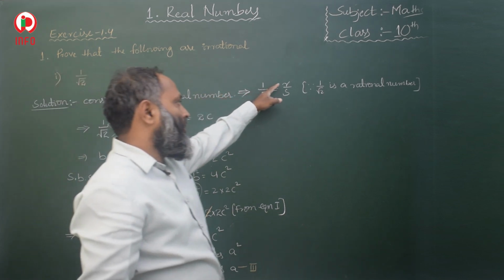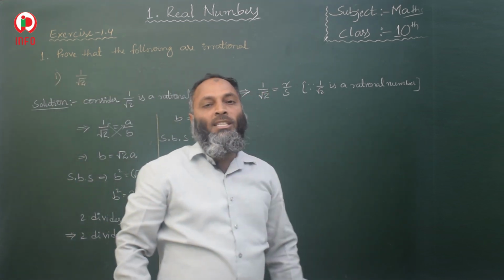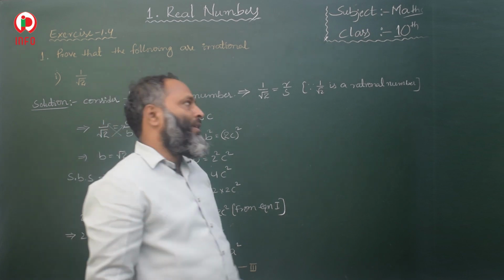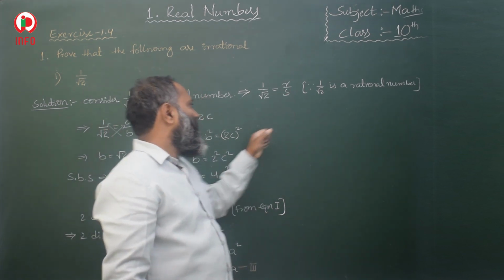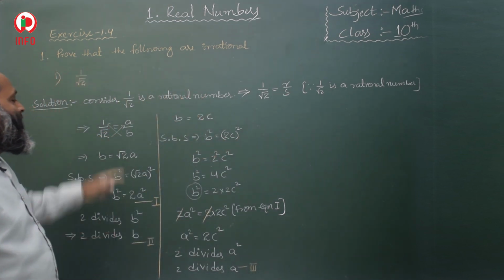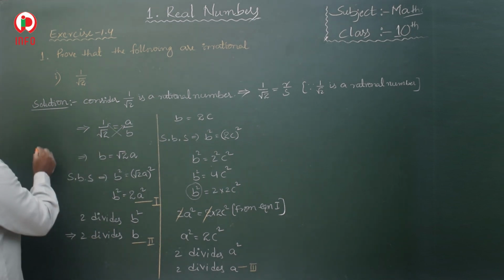After cancellation of r by s by the highest common factor, we are getting a by b. So why do we consider a by b here?